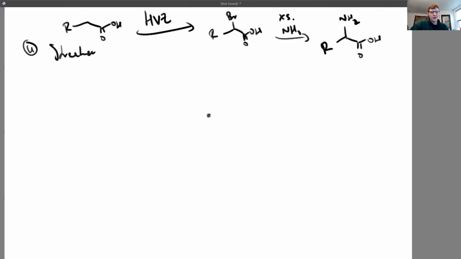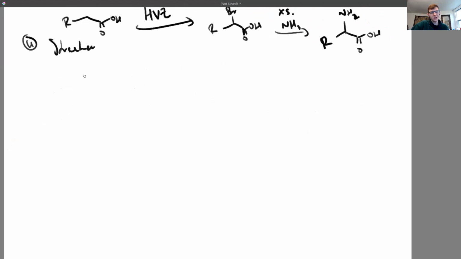And then lastly, you could do the Strecker synthesis, which is kind of a nice quick way of doing it. Let's see if I can remember this. So you need acetaldehyde, or more generally, you might be able to use anything with an R group here.